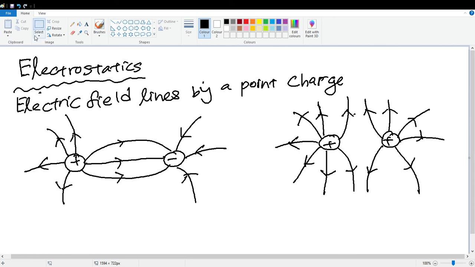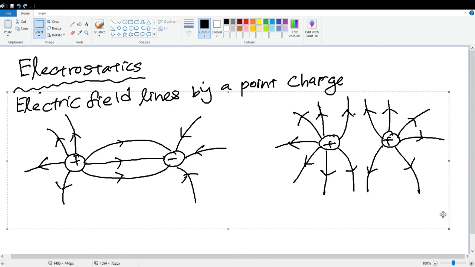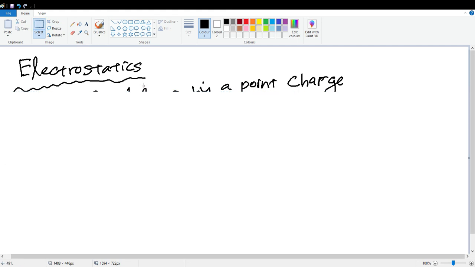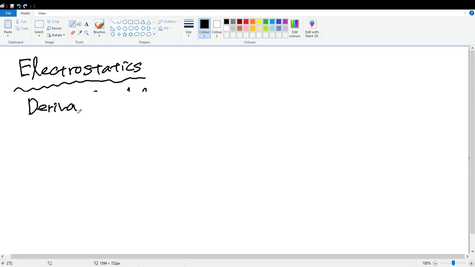Okay, so we have done the direction of electric field lines. What we are going to discuss next is the magnitude of the electric field strength. This is the derivation of the formula, the derivation of E. As I mentioned just now, this is the positive charge, and this is one of the points where the force is exerted.